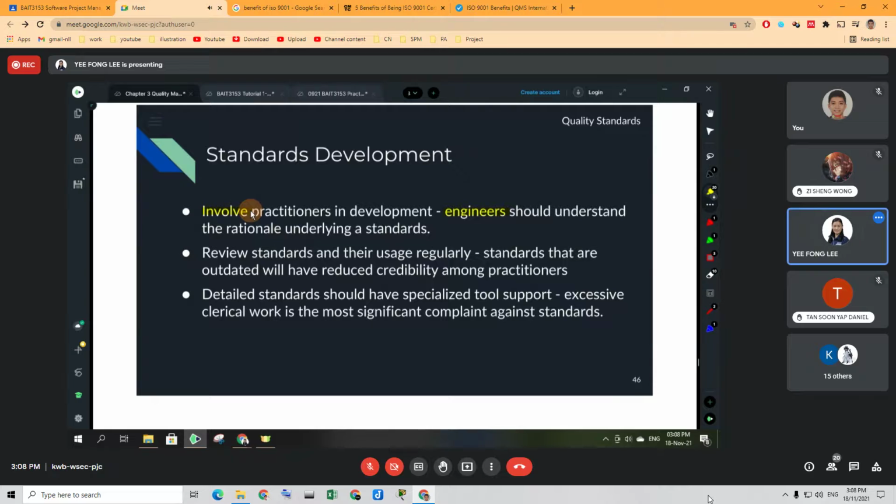Okay. Next one, we review the standards and their usage regularly. You see, technology keeps on changing. So a standard book is essential and should evolve to reflect the changing circumstances and changing technology environment.